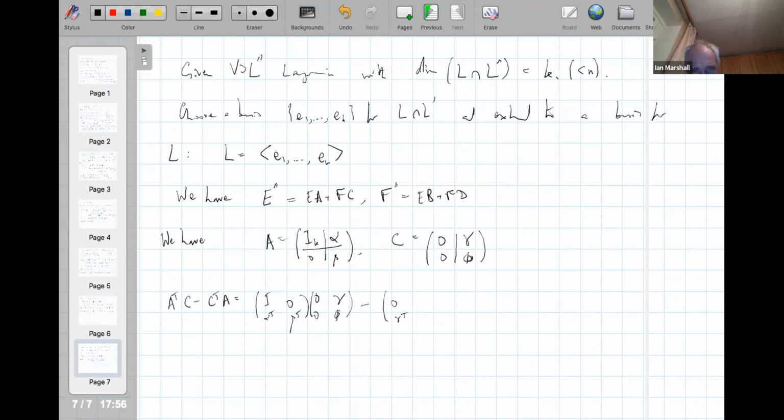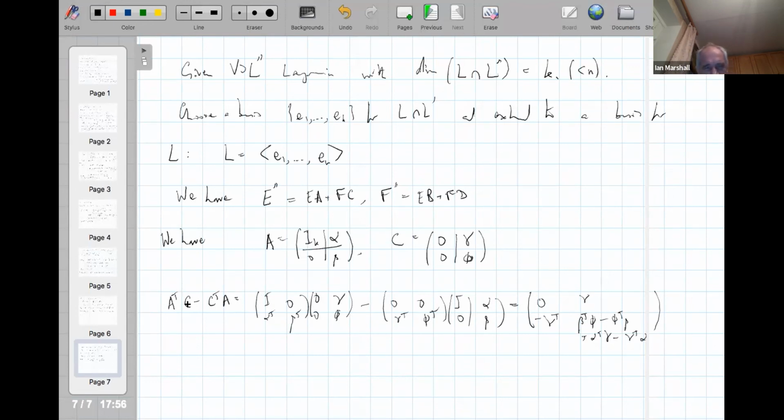Minus 0, gamma transpose, 0, phi transpose, times I, alpha, 0, beta. If I write them all down, I've got 0, 0, minus gamma transpose, gamma, and here I've got beta transpose phi minus phi transpose beta plus alpha transpose gamma minus gamma transpose alpha.